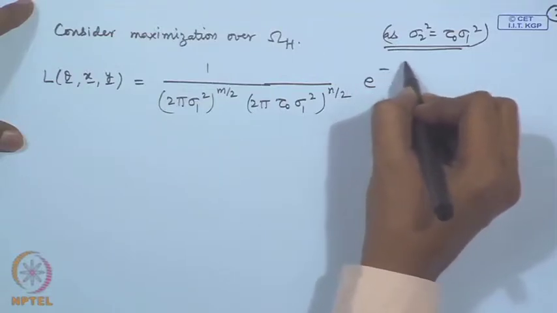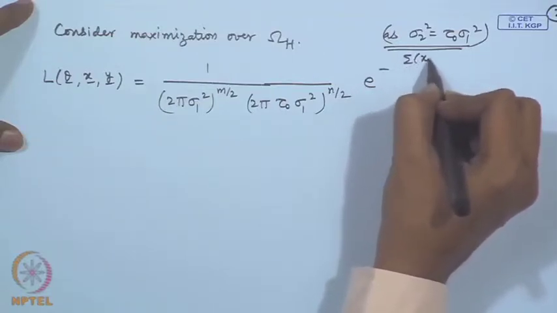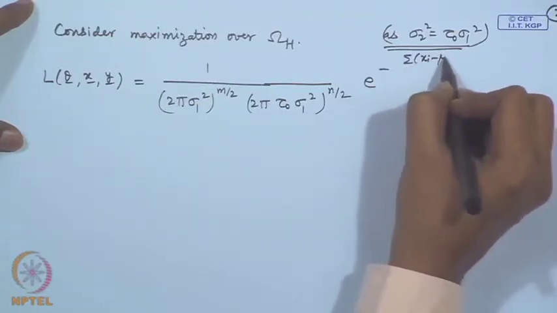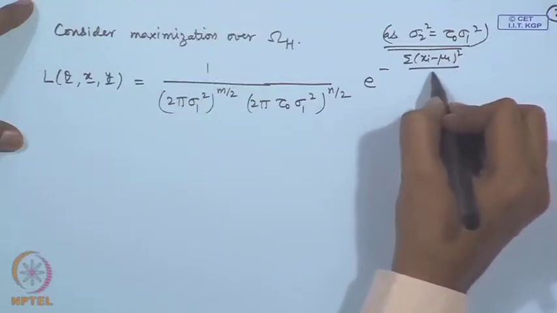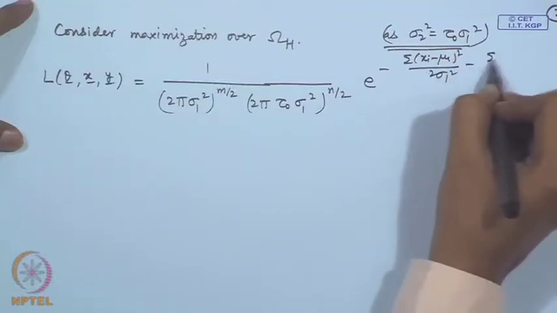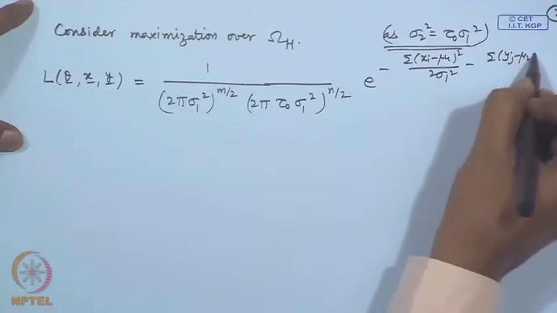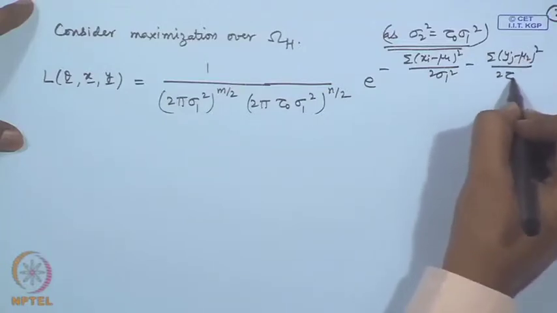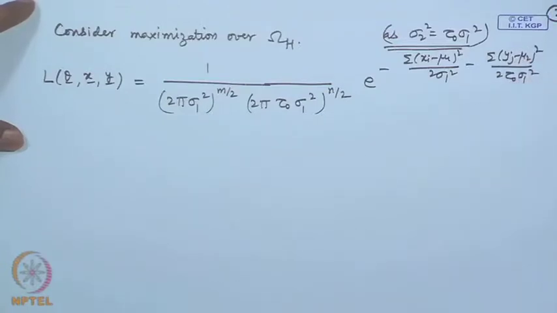And then you have e to the power minus sigma x i minus mu 1 square by 2 sigma 1 square minus sigma y j minus mu 2 square by 2 tau naught sigma 1 square.